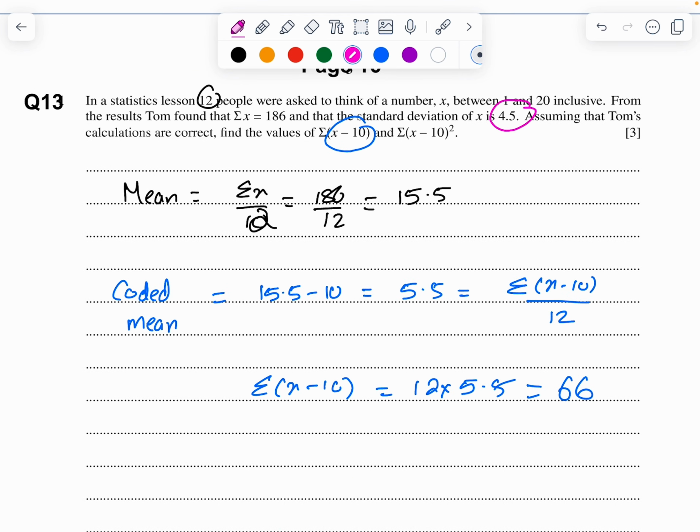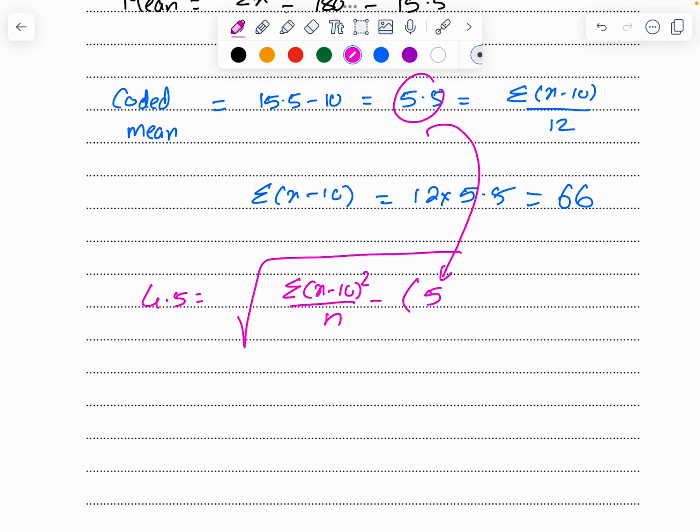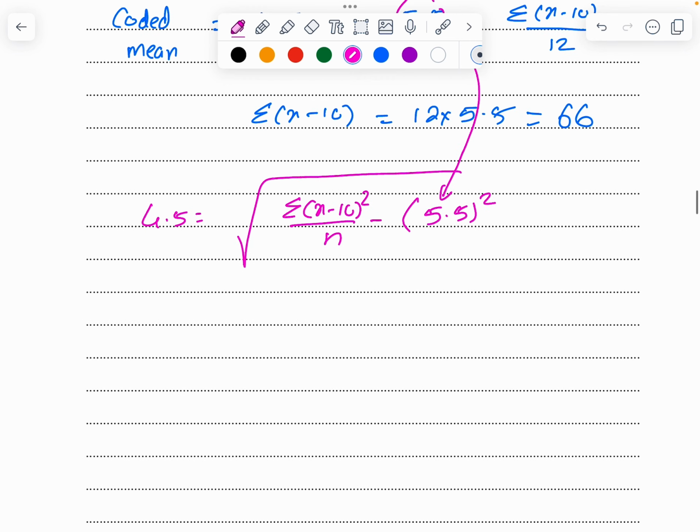We know that despite the coding, the standard deviation will remain the same. So 4.5 equals the coded standard deviation, the square root of sigma of x minus 10 whole square upon n minus the coded mean squared. What was the coded mean? 5.5, whole square. So 4.5 squared equals sigma of x minus 10 whole square upon 12 minus 5.5 squared.